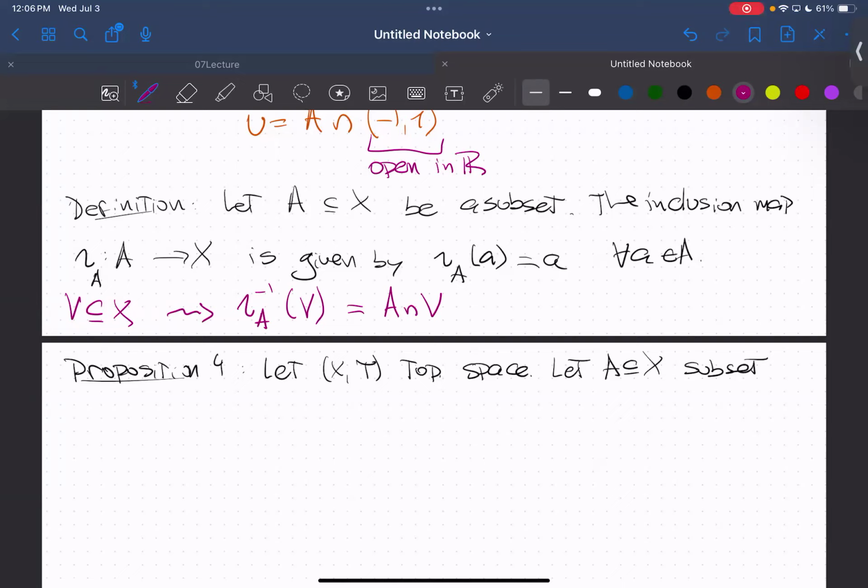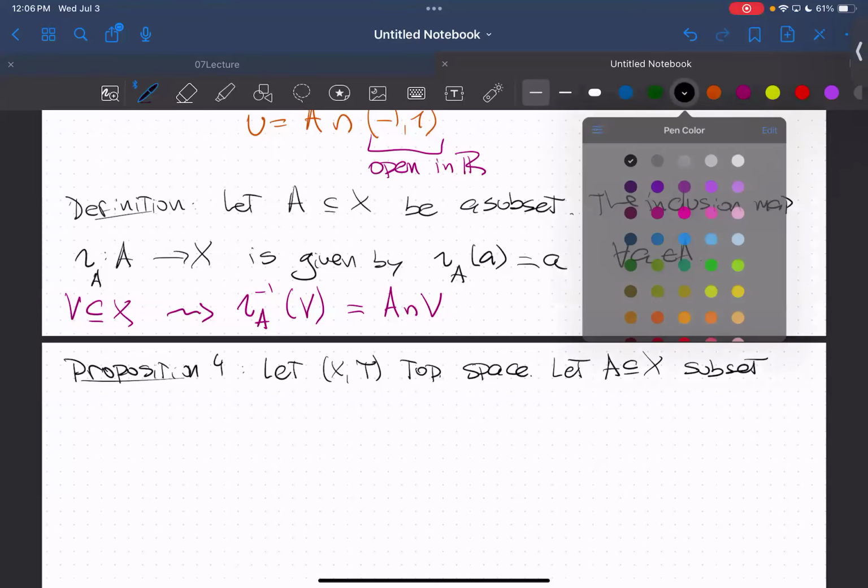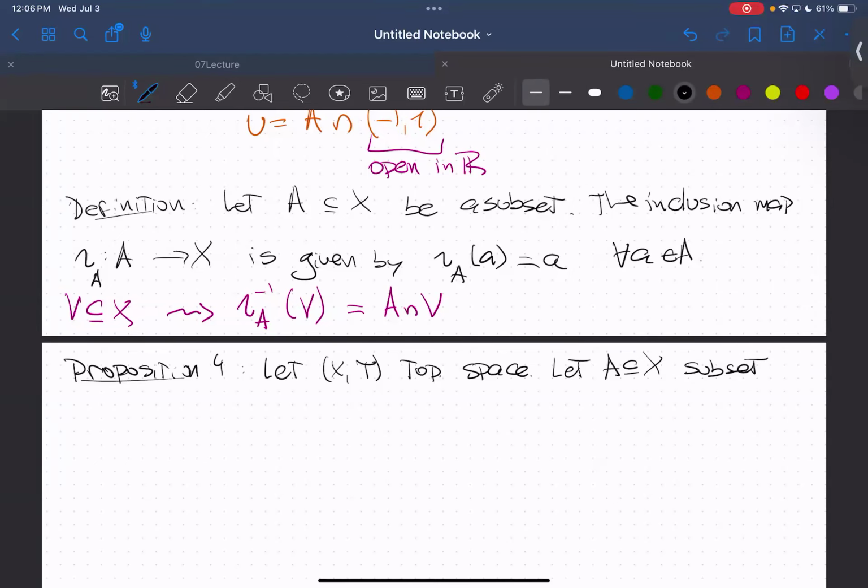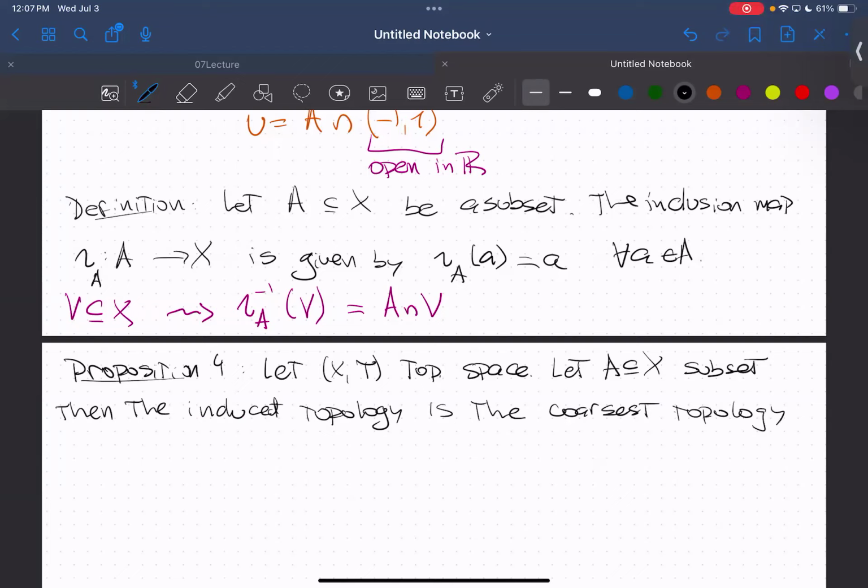So the theorem is going to tell you that if you have a topological space and you take a subset, then the induced topology is the coarsest, or smallest, topology on A such that the inclusion map is continuous.